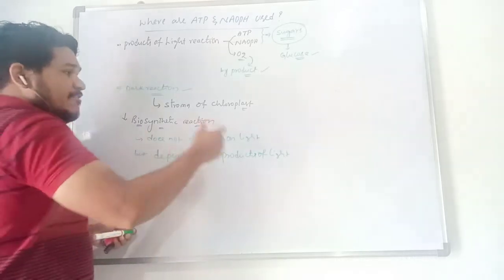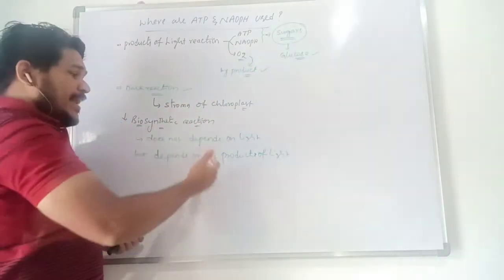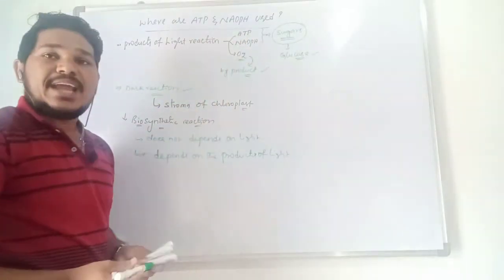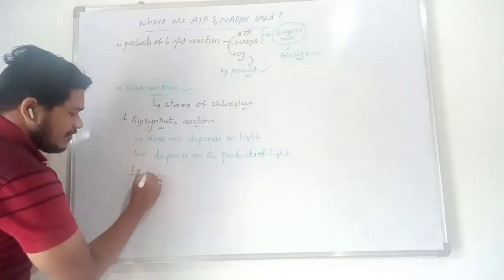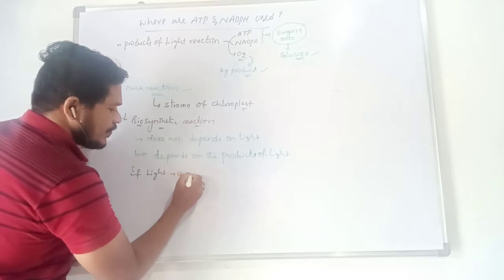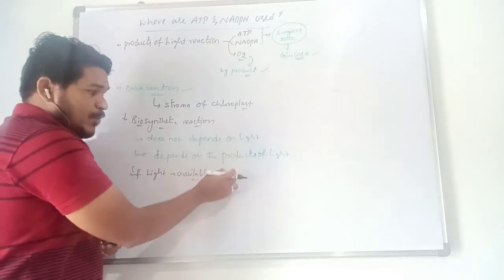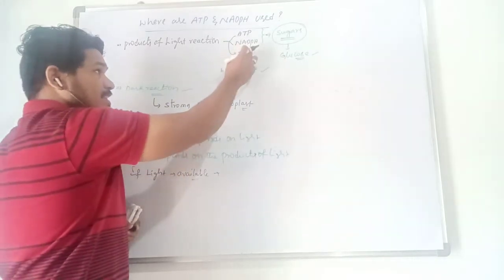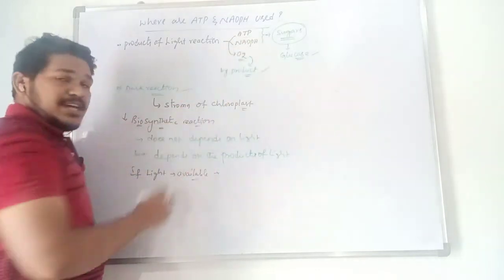How could we verify that the dark reaction is not dependent on the light, and only depends on the products of light reaction? It is simple: if light is available, the photosynthetic products are synthesized, and these ATP and NADPH molecules are further used in the synthesis of sugars.